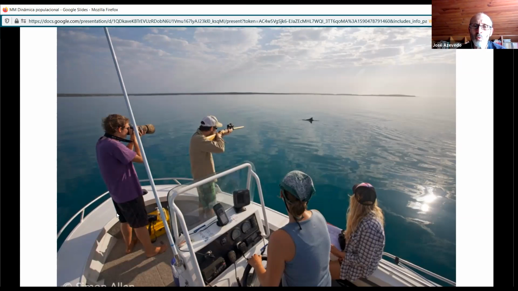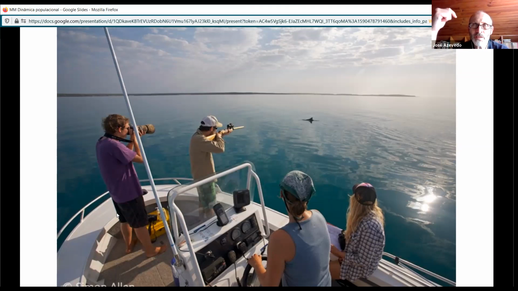So you need to collect DNA from the animals, and one not so nice way of doing this is just shooting them with a small dart, with a small arrow that removes a little bit of their skin and their blubber. I have seen these darts.